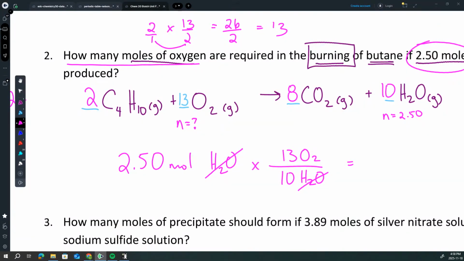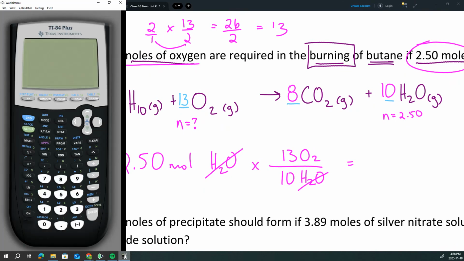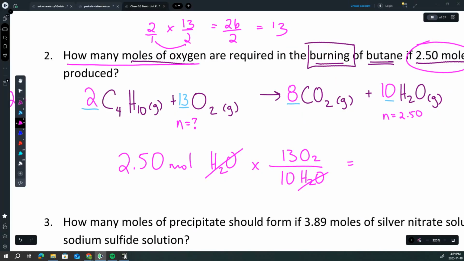Now, what we're going to do is take 2.50 times 13 divided by 10. 2.50 times 13 divided by 10 is going to give us 3.25.